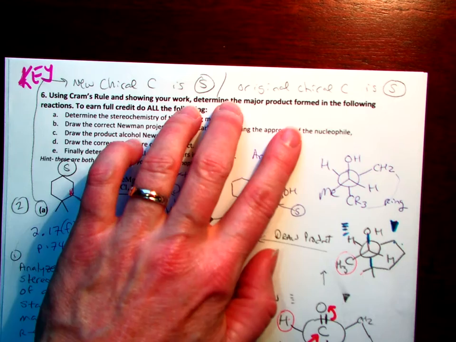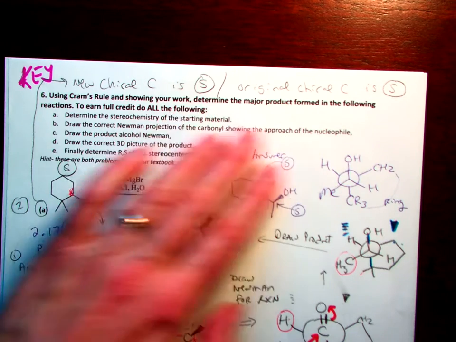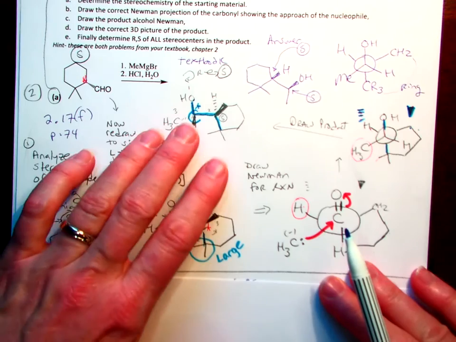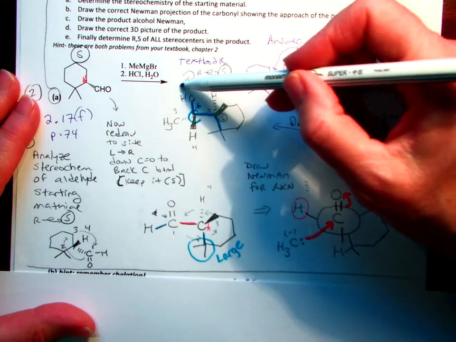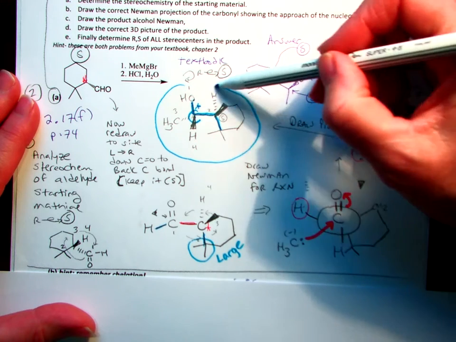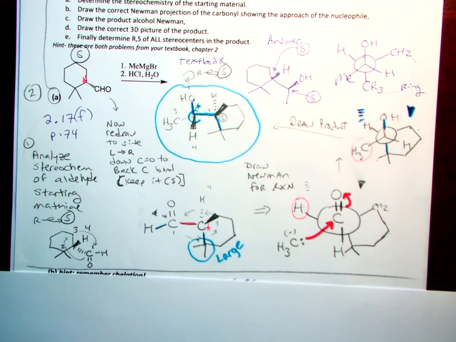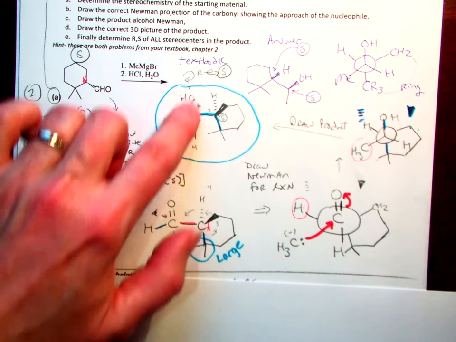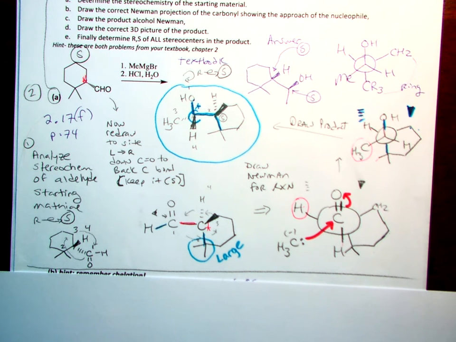You end up with S for both carbons, right? You started with an original one that was S, and that new one you created has to be the S enantiomer. So your final answer is U. Okay, and again, H is coming out at you here, so you invert your answer to S. I hope that helps on that one.